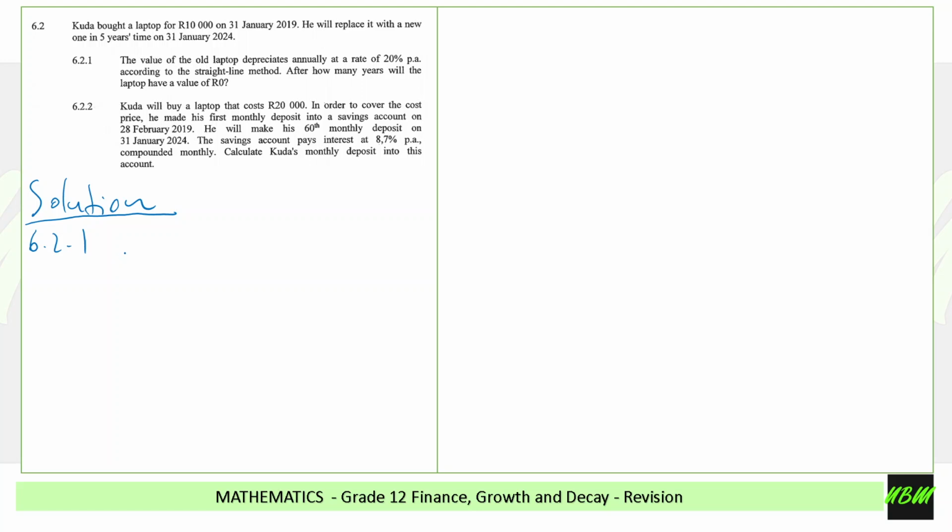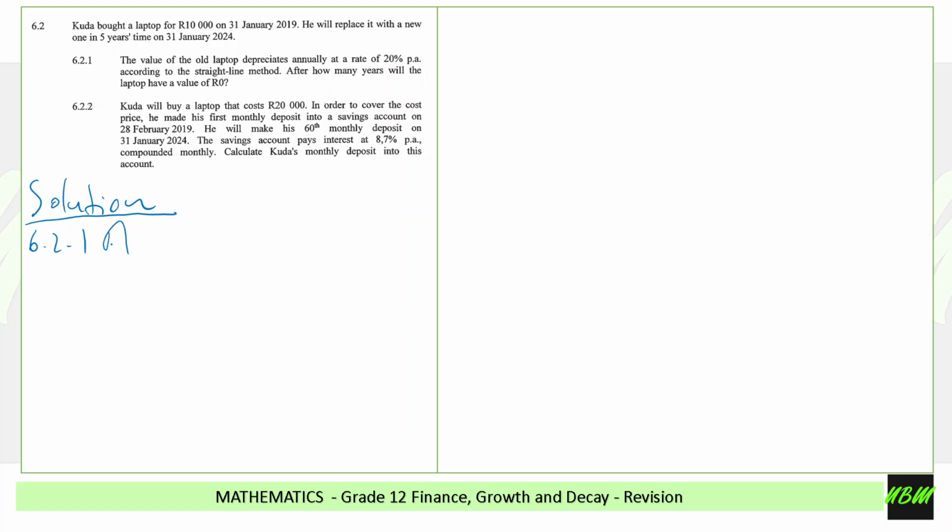So 6.2.1 is clear that here we are dealing with depreciation, according to the straight line method at a rate of 20% per annum.